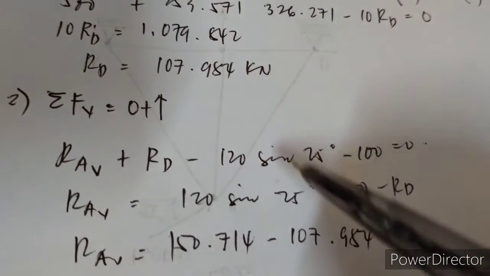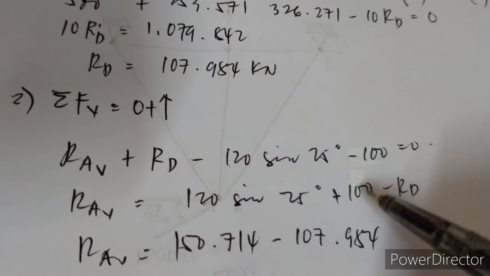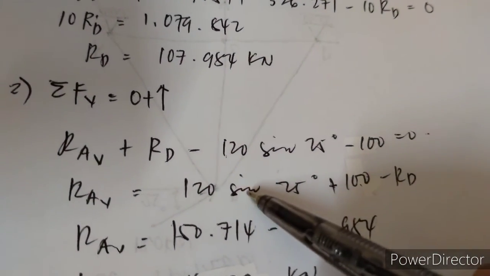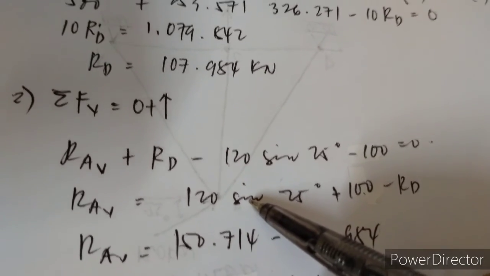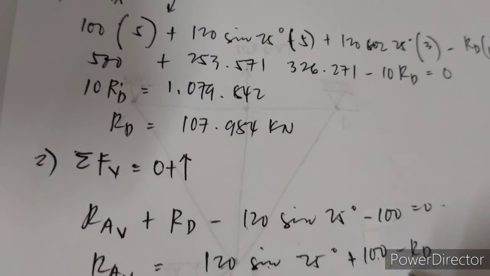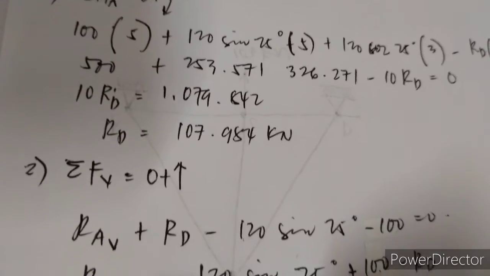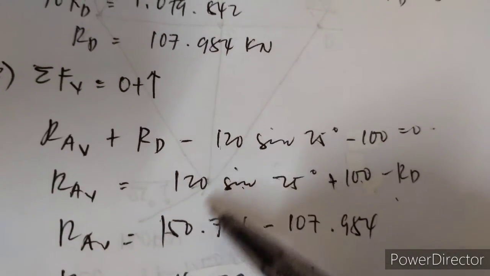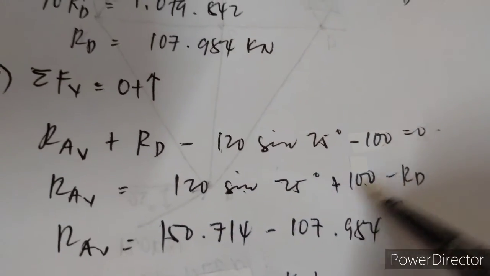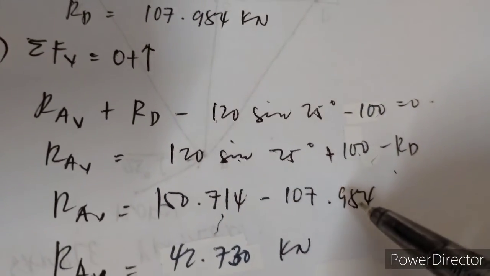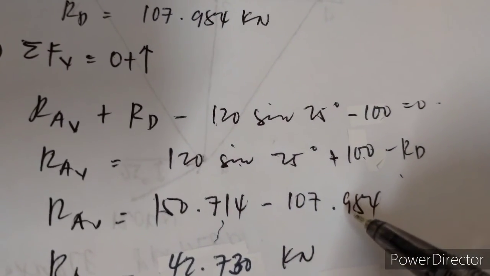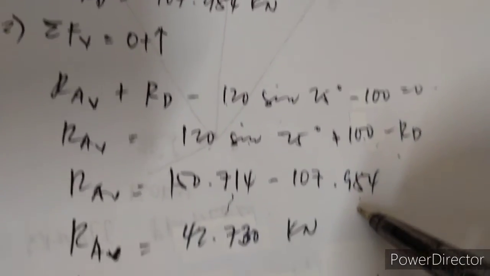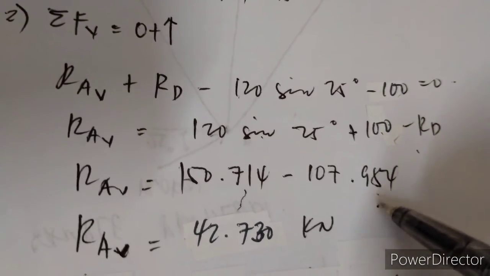So we have RAV, when going to the left, this will become positive 100, and this 120 sine, and RD will be negative. Substituting the numerical values and simplifying further, we have 50.7 plus 100 is 150.7, then the value of RD which we computed earlier, 107.984.